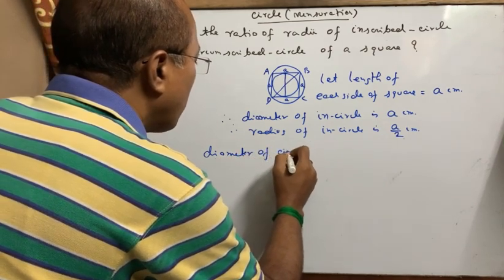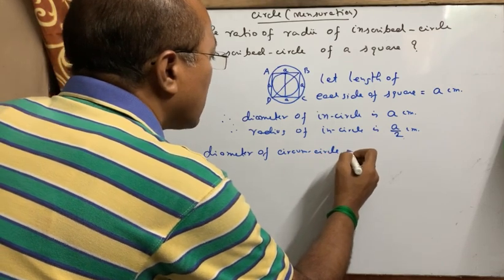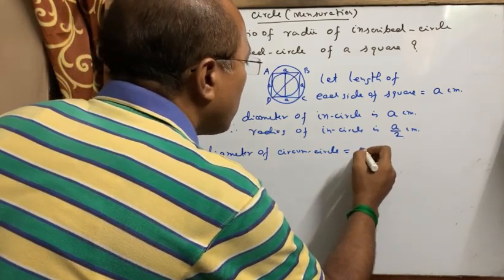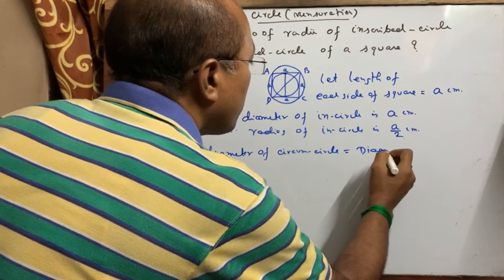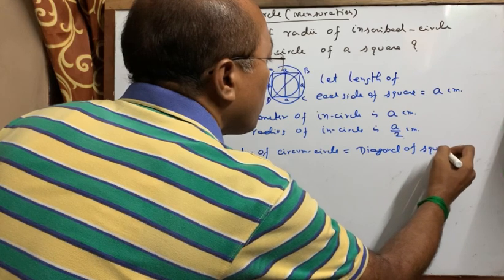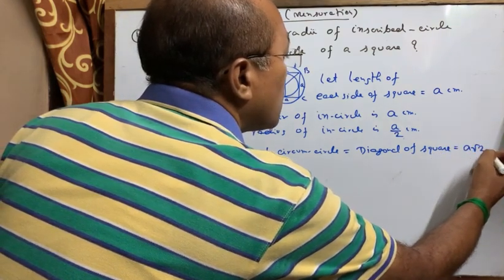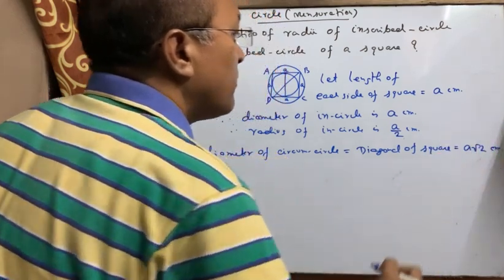Diameter of the circumcircle is equal to the diagonal of the square, that is equal to a root 2 centimeter.